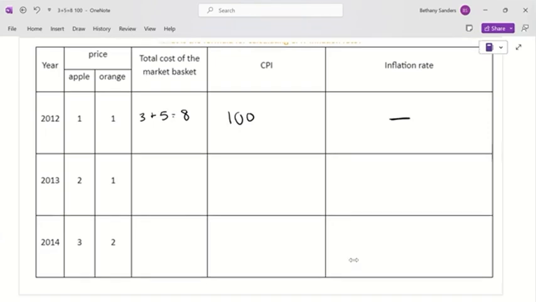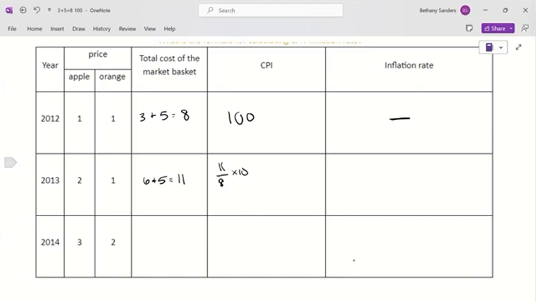Now we can look at 2013. We still have 3 apples, so 2 times 3 is 6. And we still have 5 oranges, so 5 times 1 is 5. That makes our total cost of the market basket in 2013 11. Now we can calculate CPI, so that would be current market basket over previous market basket times 100, and that comes out to 137.5.